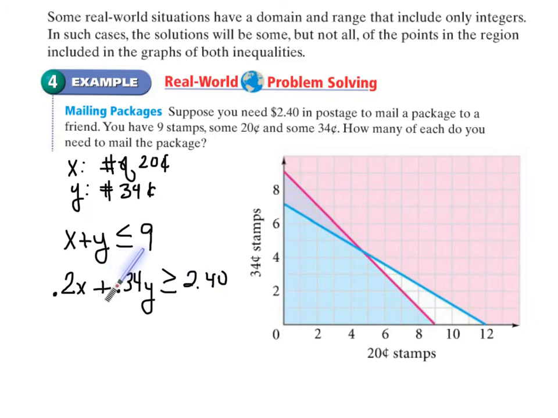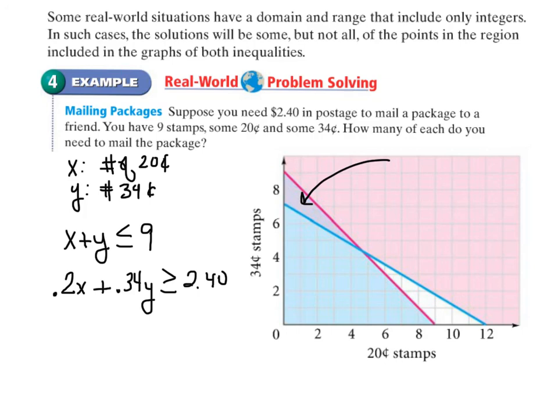I'd also graph this using intercepts. So $2.40 divided by 20 would give me 12. So my x-axis would have an intercept of 12, and my y-axis would have an intercept of approximately 7. Right there. So since that's going to be greater than, I'm going to shade above. So this region right here, this lavender region, is my answer.